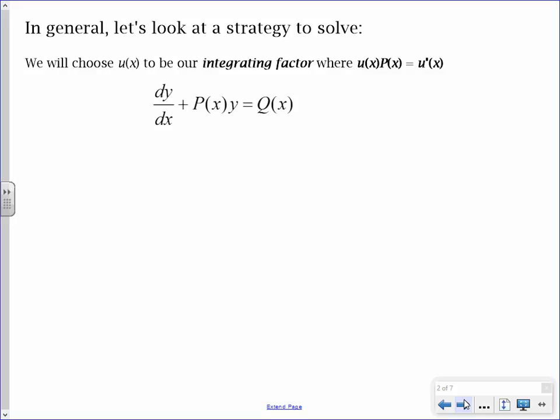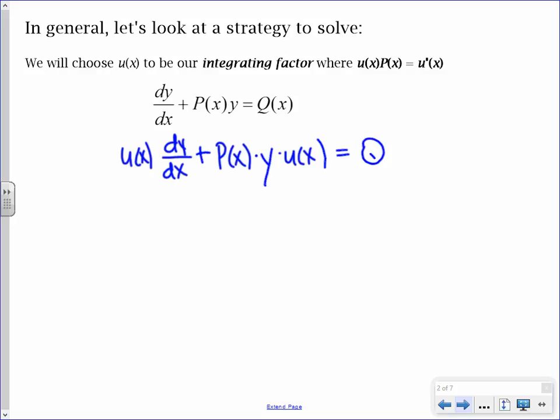So we are going to multiply u of x times everything, okay? And with the equation you have above, could you also just say p of x equal to u prime of x over u of x? We'll just wait on that, okay? There's a reason I have it written the way that it is.